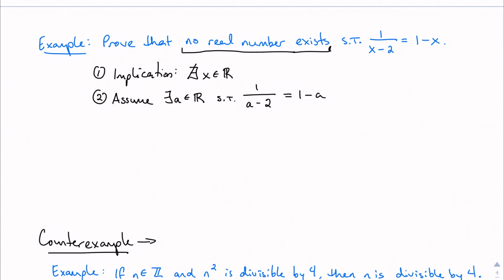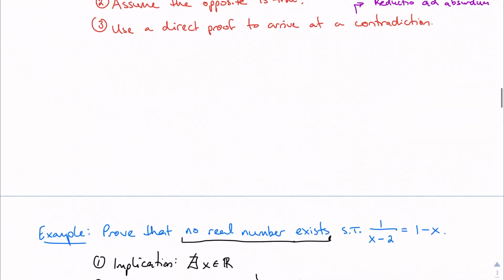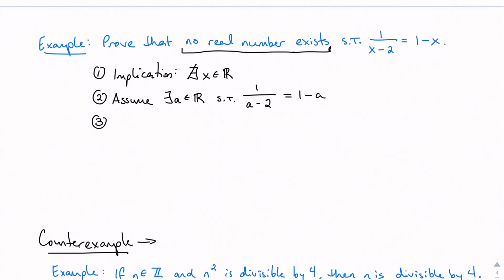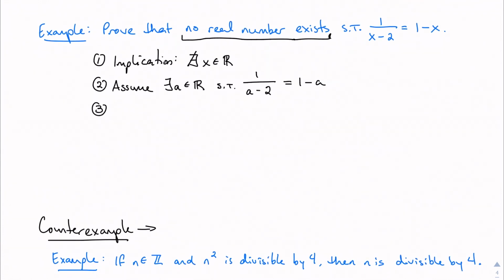Well, step 3, we're just going to use a direct proof now. Right, that was my step 3 before. Use a direct proof to arrive at a contradiction. So we're going to work off of this assumption, and maybe the easiest way to solve this would be to actually solve it. So we're going to get rid of this rational expression here.